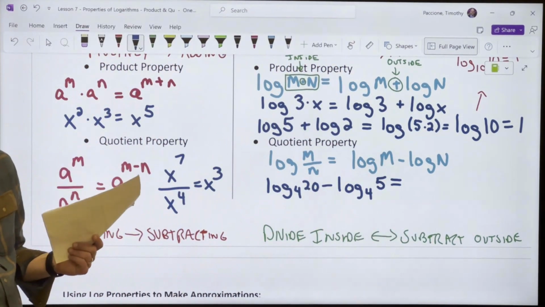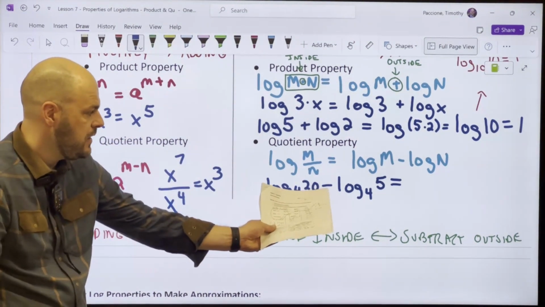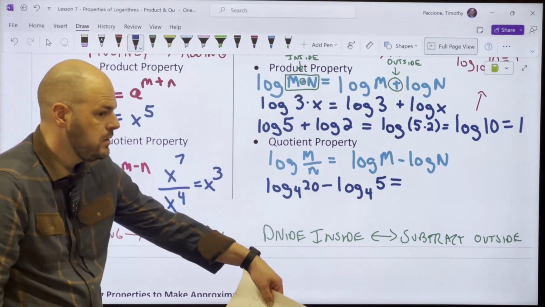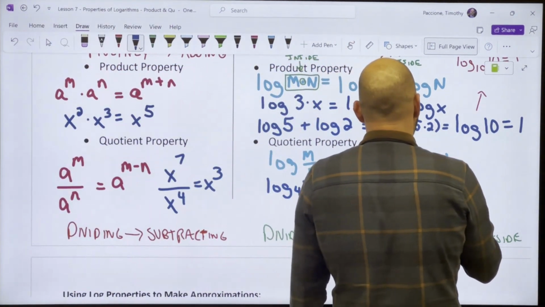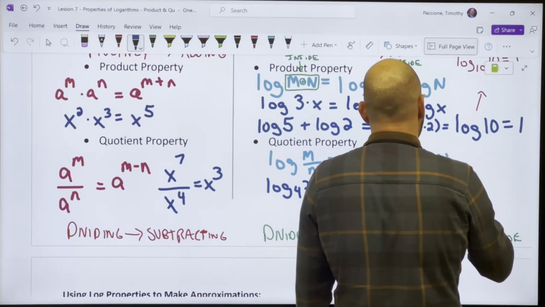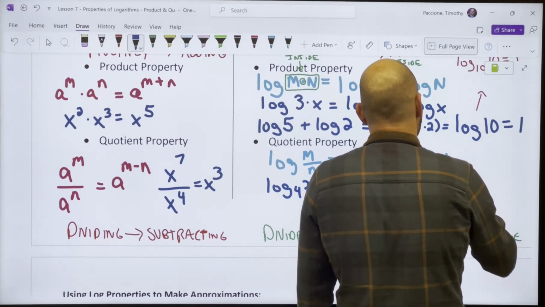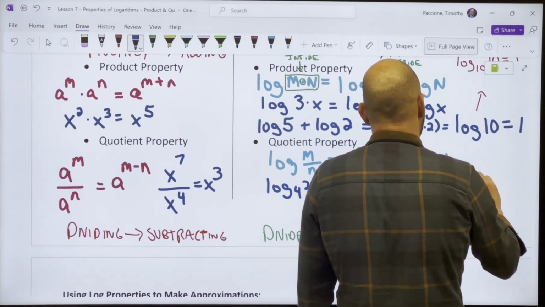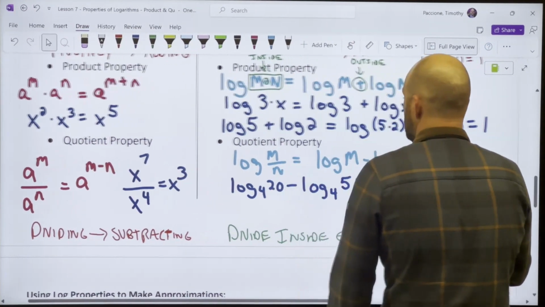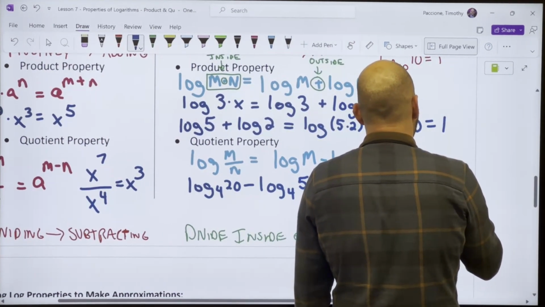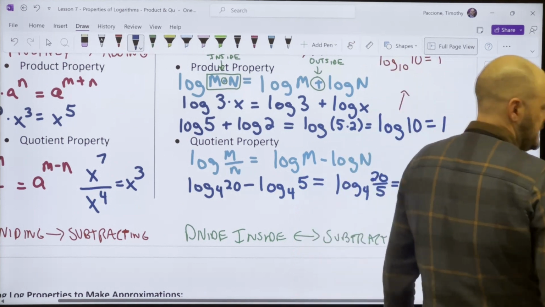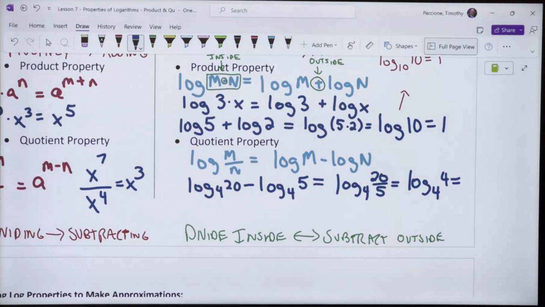I'm subtracting on the outside of the log, so that means I can divide the insides, right? So I say log base 4 of 20 over 5. Can we do 20 over 5? Yeah, it's 4. Log base 4 of 4. What does that equal? 1, right? We just learned that. Good.